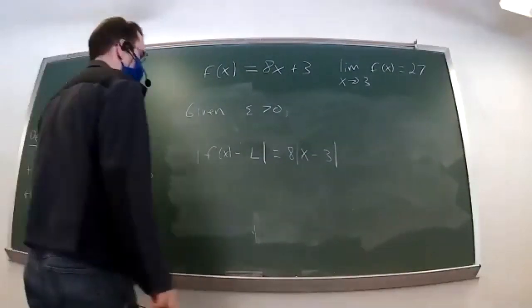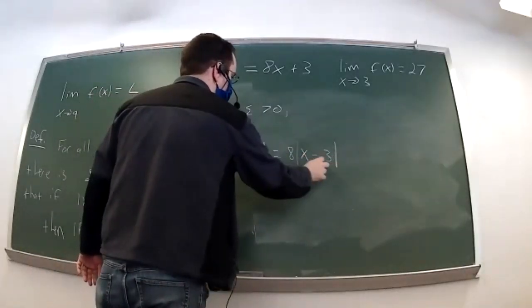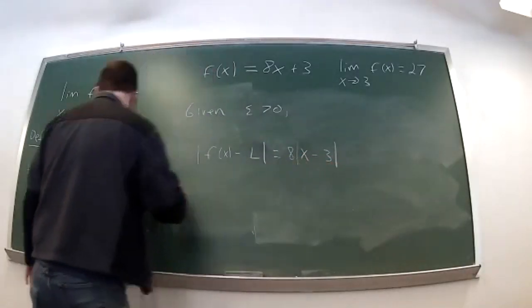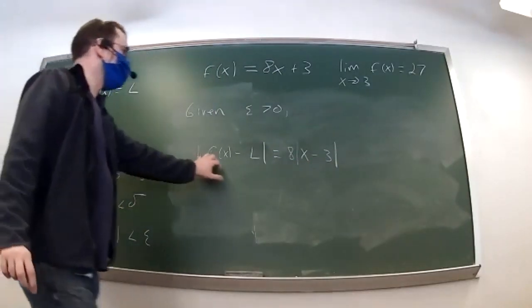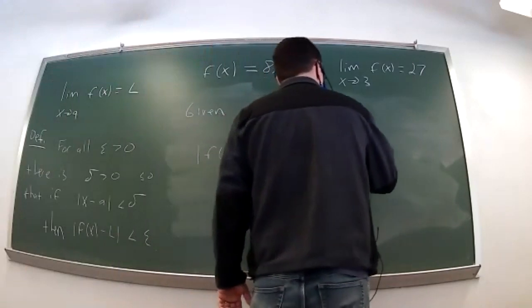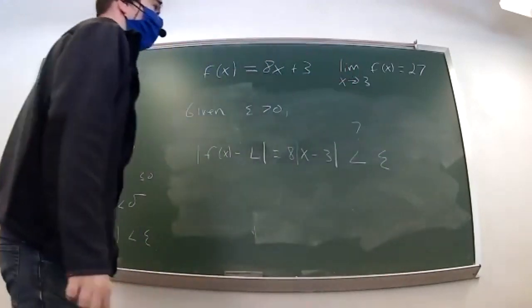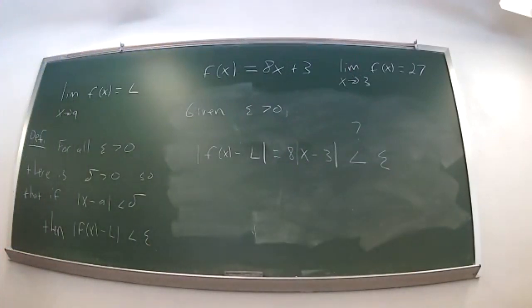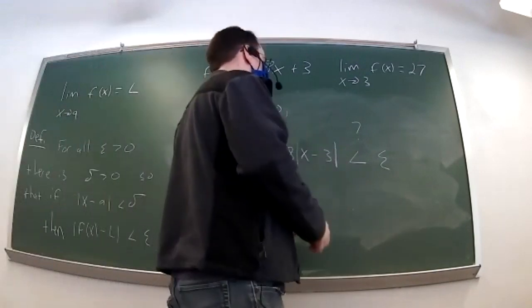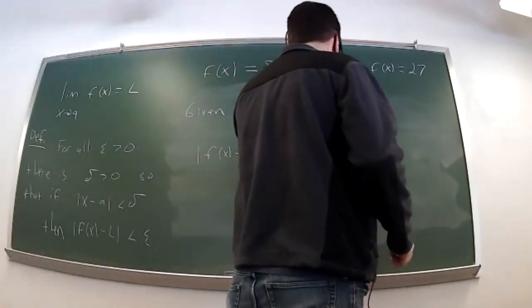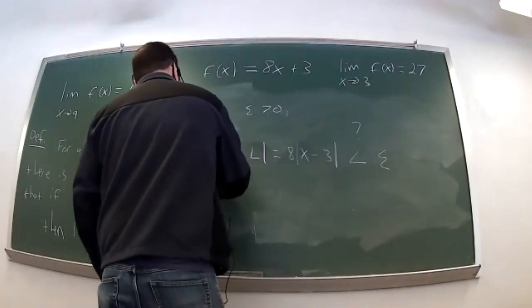Always the critical step is trying to compare f of x minus L to x minus a somehow. And you want f of x minus L to be less than this given number epsilon, and you're asking, how small do I have to choose x minus 3 in order for that to happen? Well, you just divide both sides by 8, just like before.